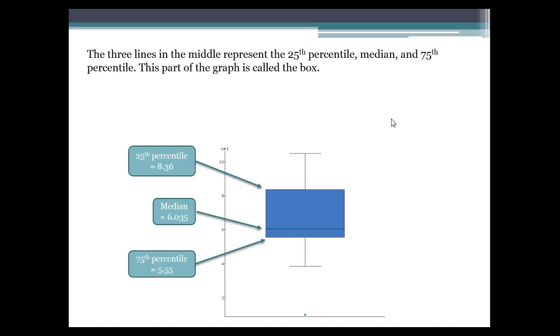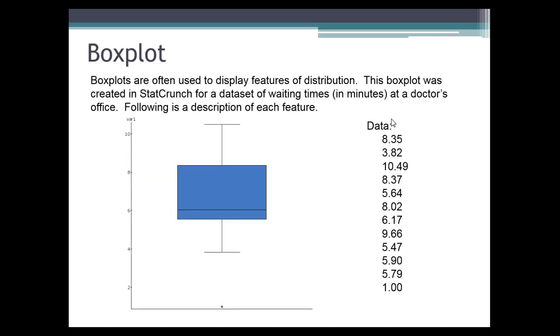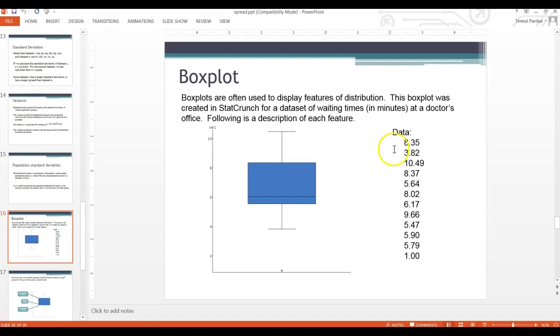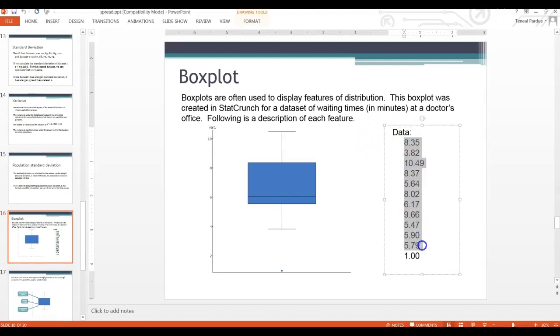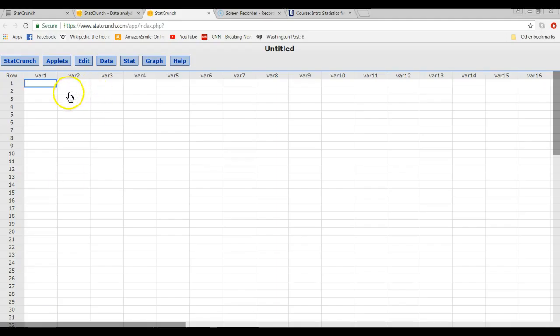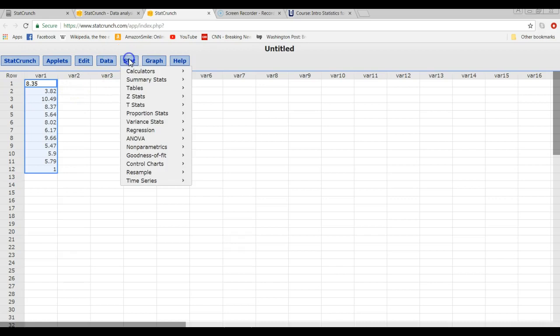And first of all, let me show you how I generated that box plot. So I'm going to select the data, and I'm going to go over to StatCrunch, and there's the data. So just copy and paste the data.